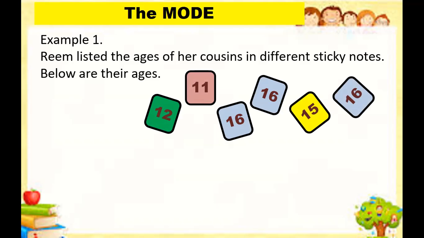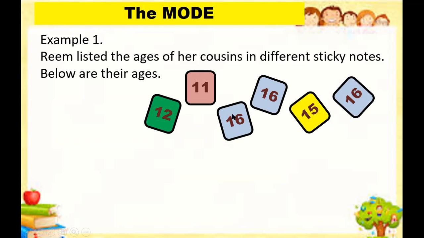As the meaning says, the value or number that has been written the most, or appeared frequently or repeatedly. If you could see here, we have 12, 11, 16, 16 again, 15, and 16.